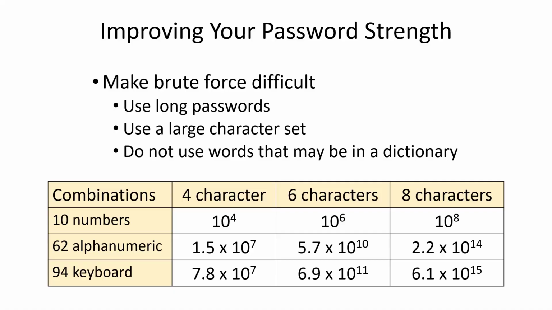If you figured out this can be done in parallel, your laptop has quad processors, you could use every processor, the other laptop, that desktop down the hall. A common thing to do is go into the lab and use every computer in the lab. So yes, some numbers are feasible. 6.1 times 10 to the 15th is very large. That would be difficult. As you can see, the longer the password, the better.